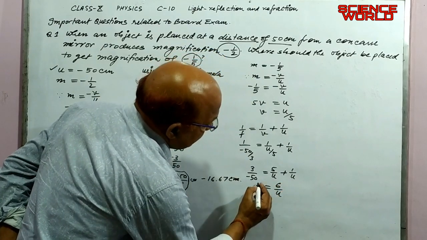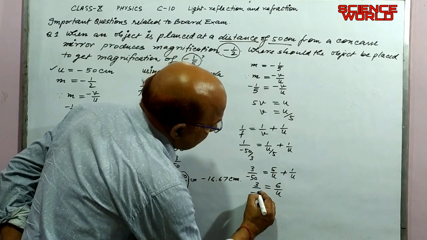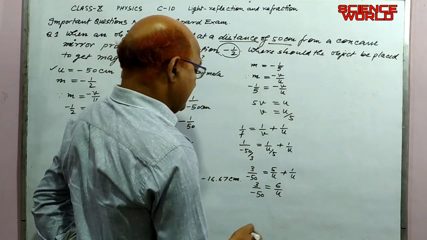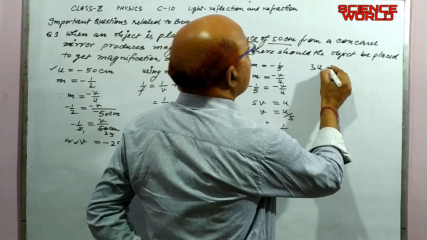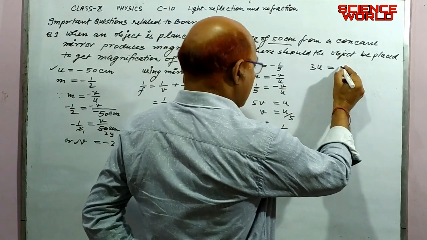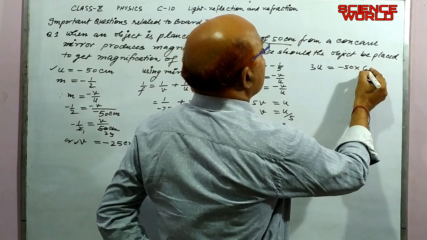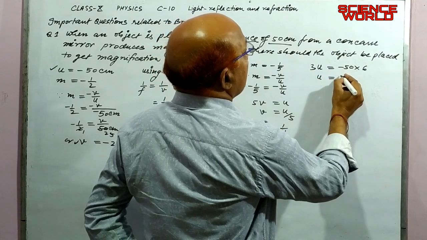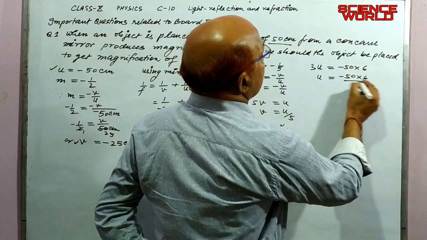Now, you can cross multiply, 3u is equal to minus 50 into 6. Therefore, u equal to minus 50 into 6 by 3.